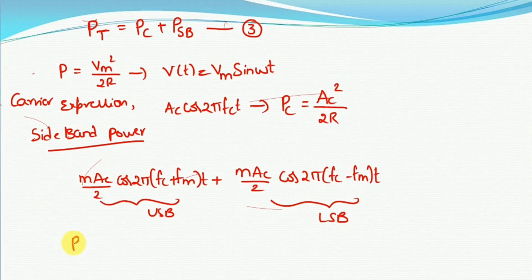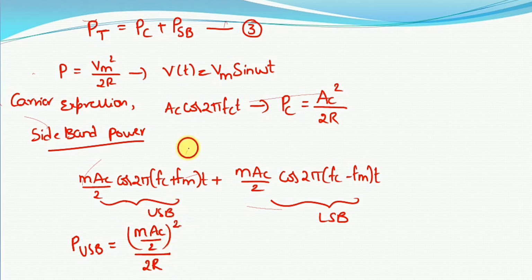So P USB is equal to, amplitude is m into AC by 2 whole square by 2R. From this relation I have written. So it is equal to m square AC square by 2 square is 4, so 4 into 2 is 8R. So this is the upper sideband value.